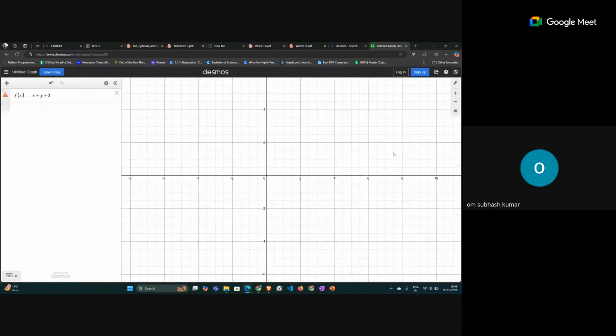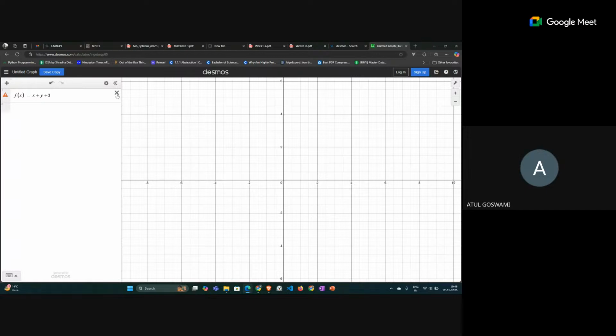Okay, why is it not showing? So this is a line, and if we put two variables, x and y, this is clearly in 2D, right?